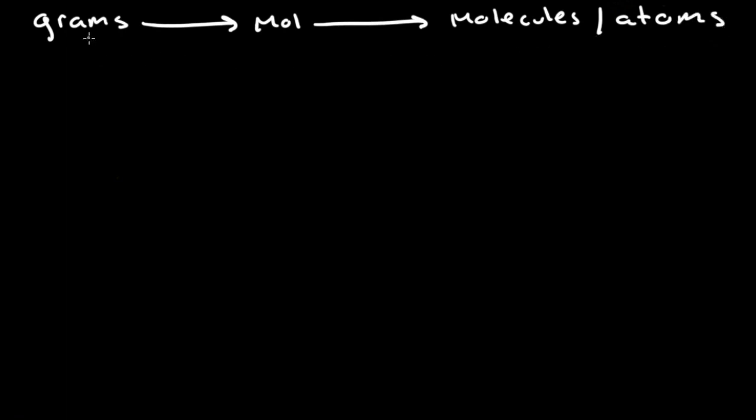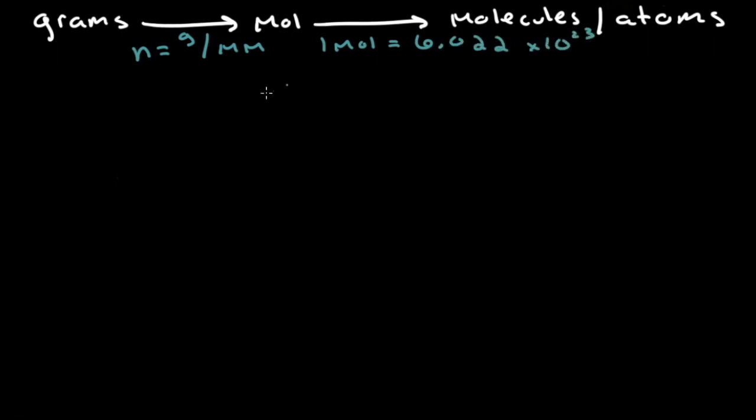And so to go from grams to moles, you're going to use the equation that a mole is equal to the amount in grams divided by the molar mass. And then to go from a mole to either a molecule or an atom, you're going to use Avogadro's number. And that is that 1 mole of anything is going to be equal to 6.022 times 10 to the 23rd power.